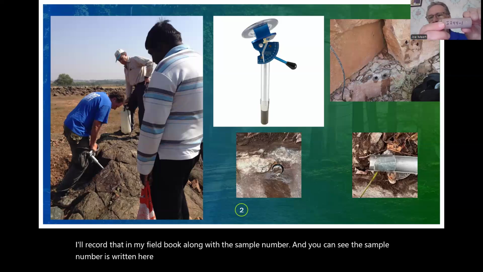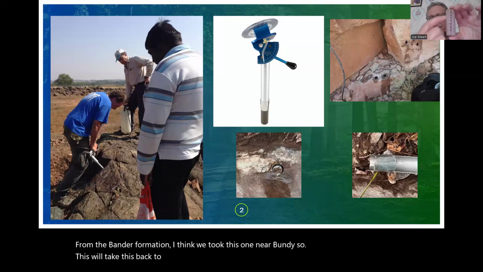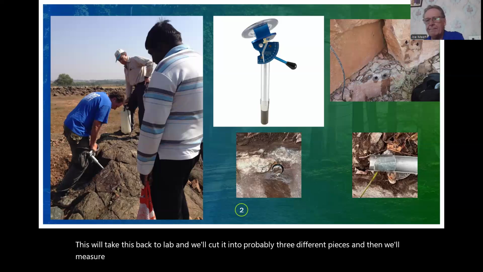In this case, it's I244-1. This sample happens to be from the Bander Formation. I think we took this one near Bundi. We'll take this back to the lab and cut it into probably 3 different pieces, and then we'll measure that in the lab.